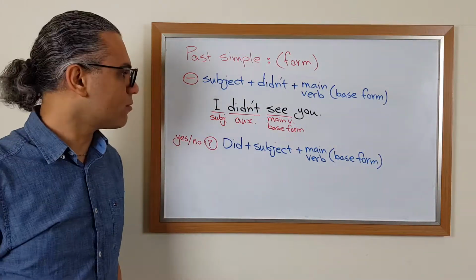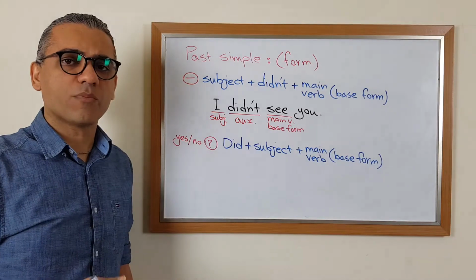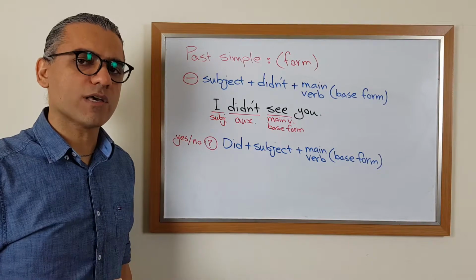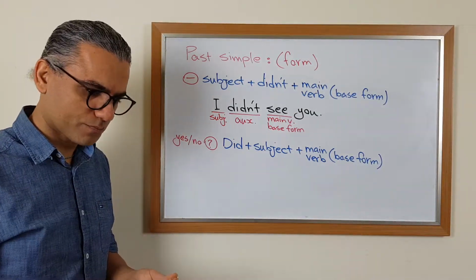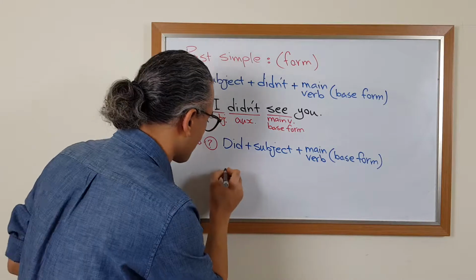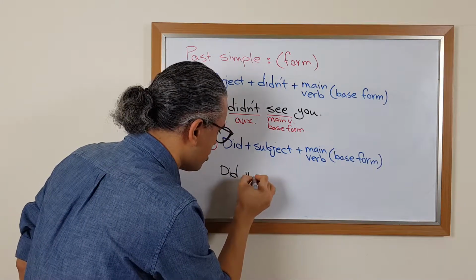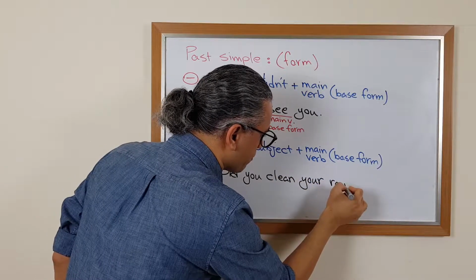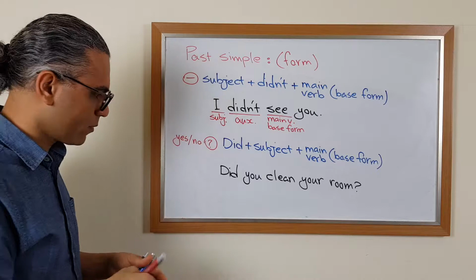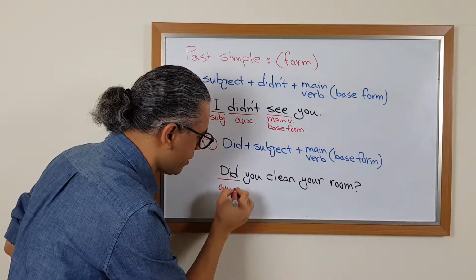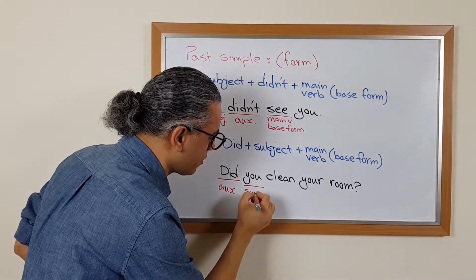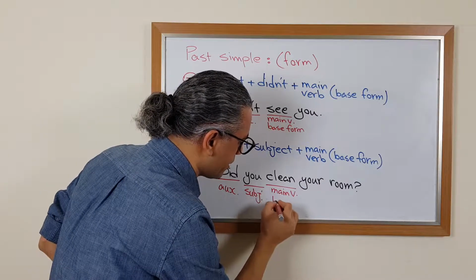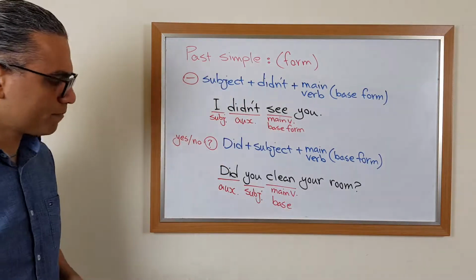Actually, as a general rule, whenever our auxiliary verb is did, do, or does, the main verb is always in the base form. Example. Did you clean your room? Did is your auxiliary verb, you, your subject, and clean, main verb in base form.